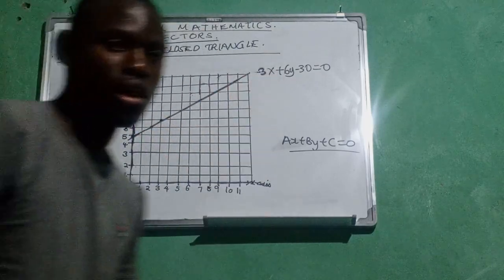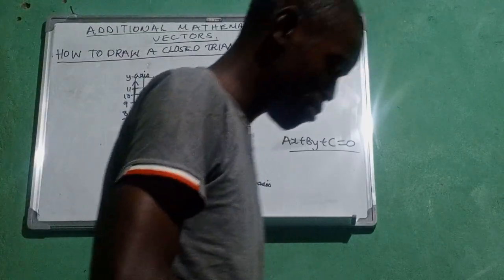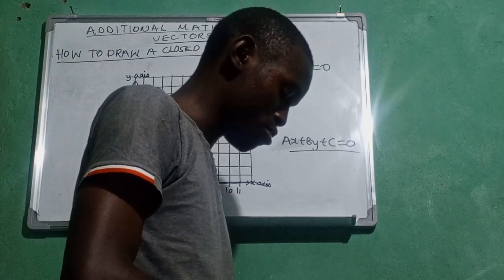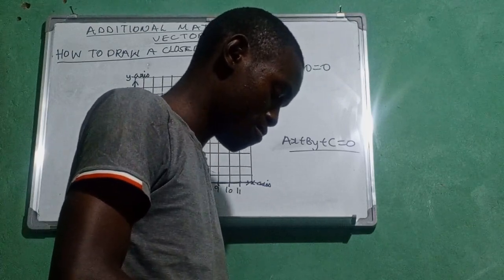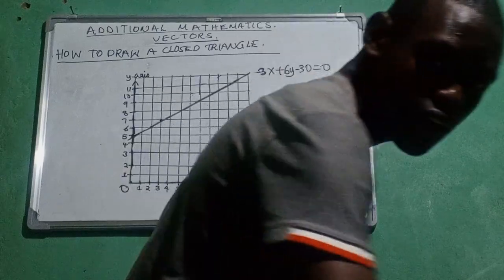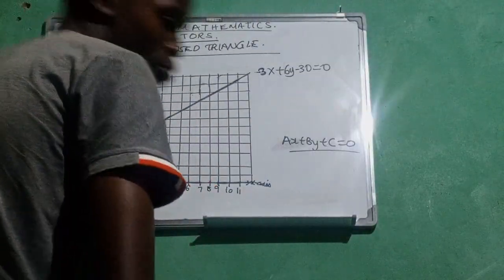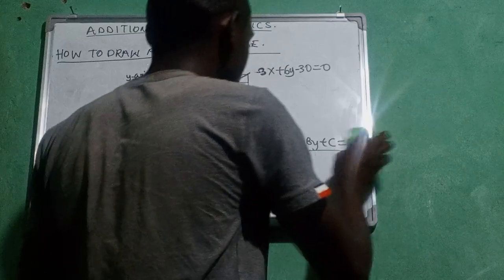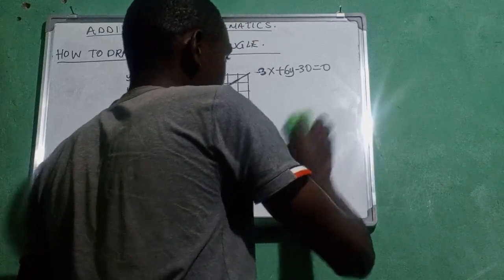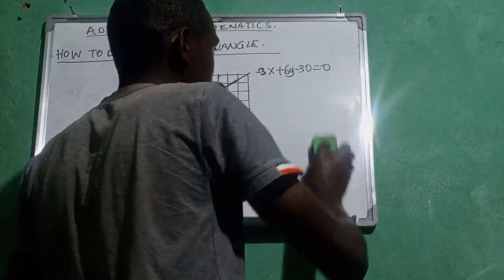I already did it, but let me give you a few key steps of how I did it for me to reach there. First of all, you need to find the x and the y intercepts.